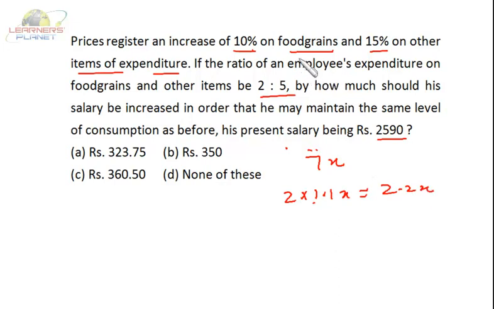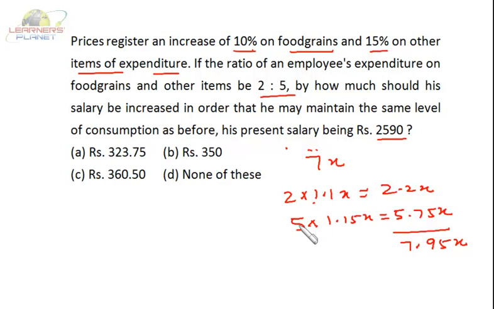And the new price for the other items is 5 into 1.15, since it is a 15% increment. So that comes to 5.75x. So in all, the new expenditure is 7.95x. Initially it was 7, now it is 7.95.